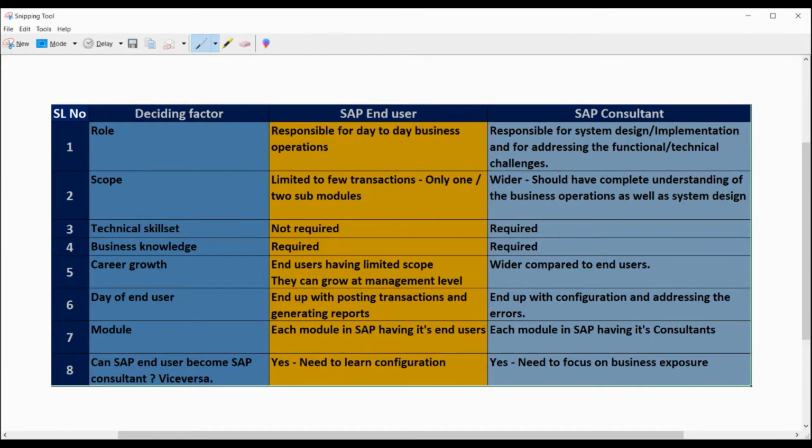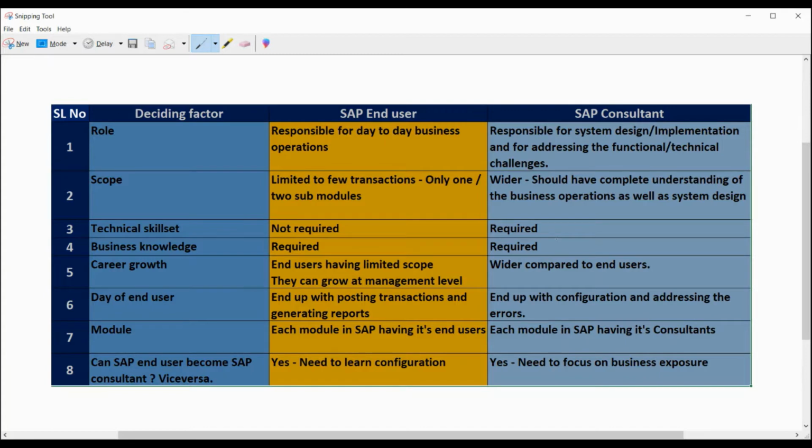Today I am going to explain the difference between SAP end user and SAP consultant and the career opportunities for these two profiles. So many people are coming up with an interest in SAP and they want to choose it as a career. So which one is better?